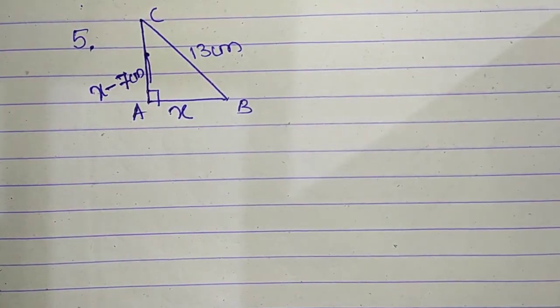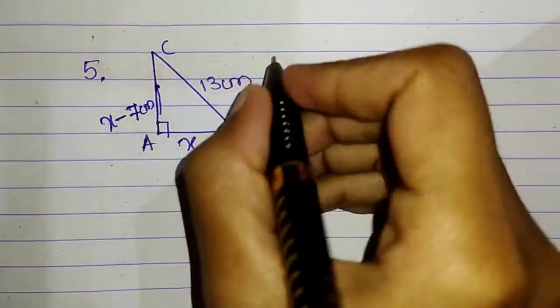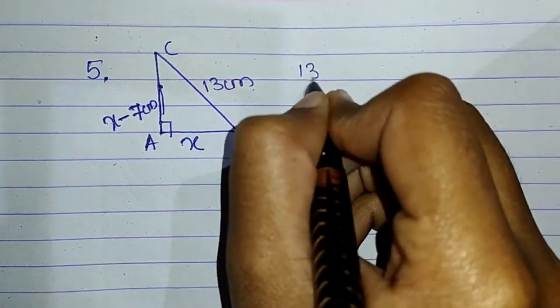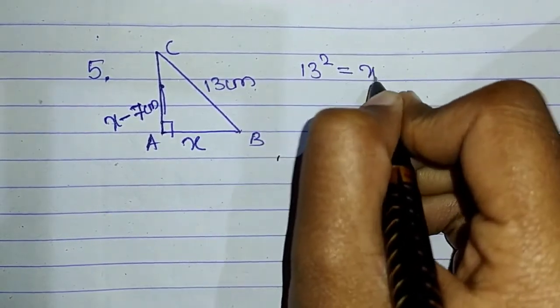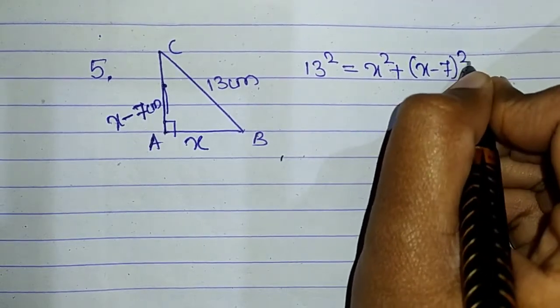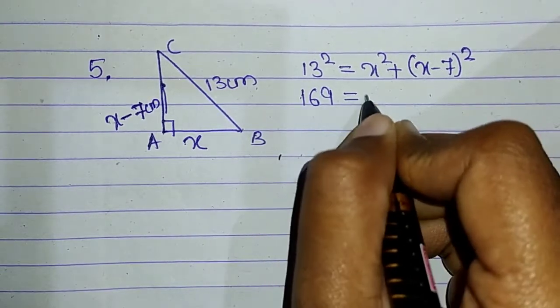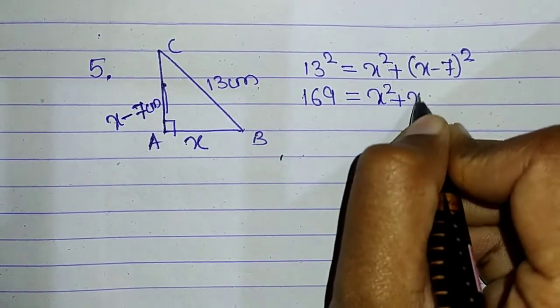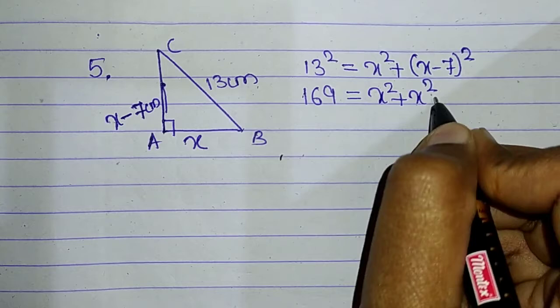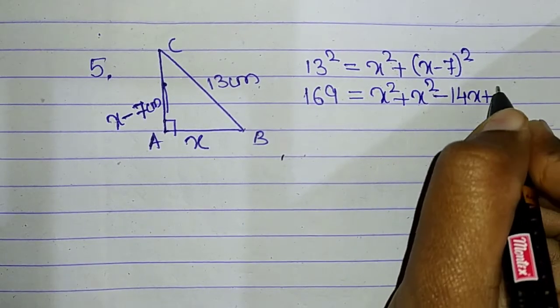We know that from Pythagoras theorem, 13 square is equal to x square plus (x minus 7) whole square. So this implies 13 square, which is 169, is equal to x square plus x square minus 14x plus 49.